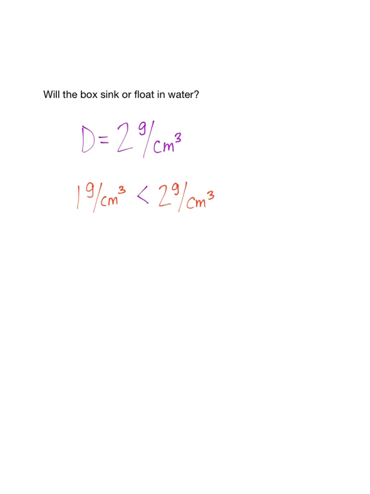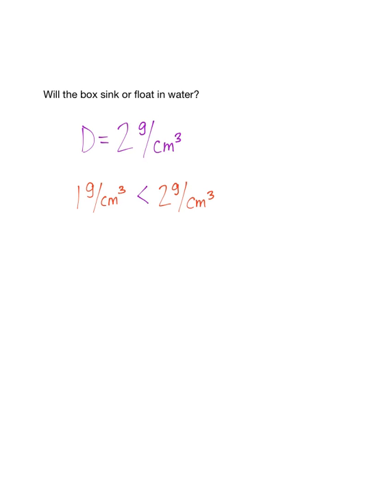Last but certainly not least, when we talk about density, at least at first, we talked about whether things sink or float. I want to ask you guys the question, would this cardboard box sink or would it float in water? Here's how we can figure that out. We already know that density is 2 grams per centimeters cubed for the cardboard box.